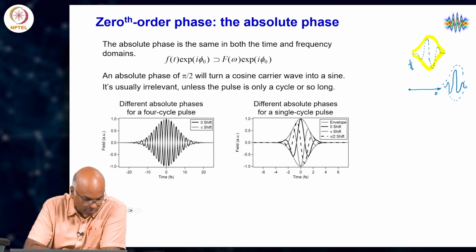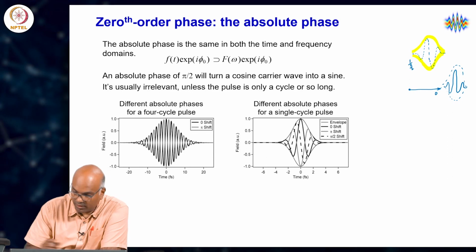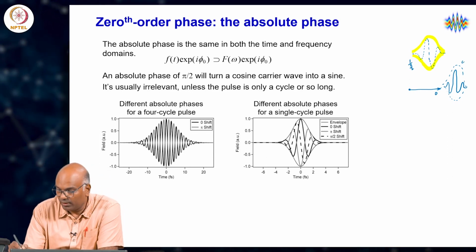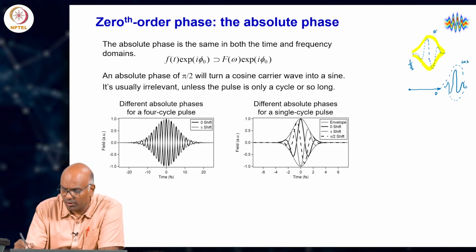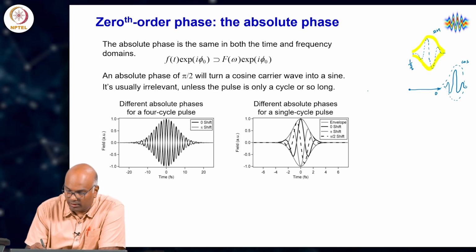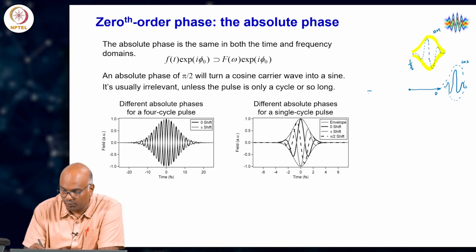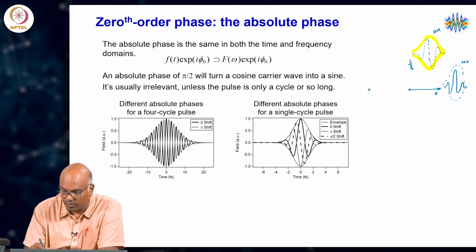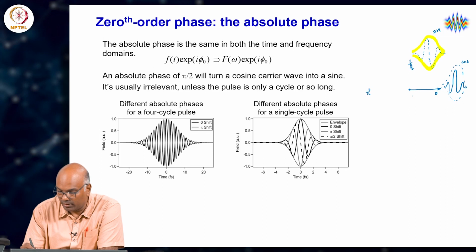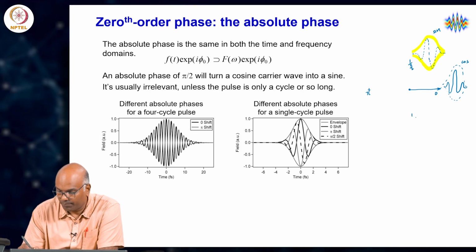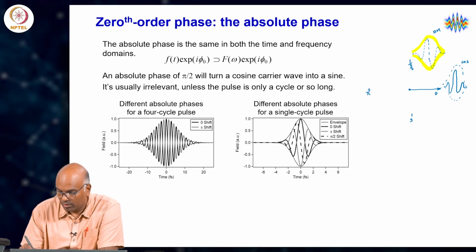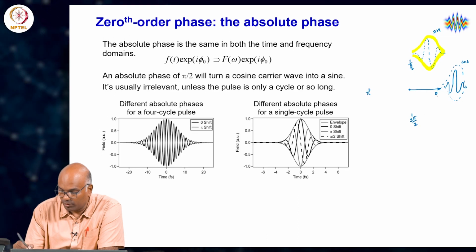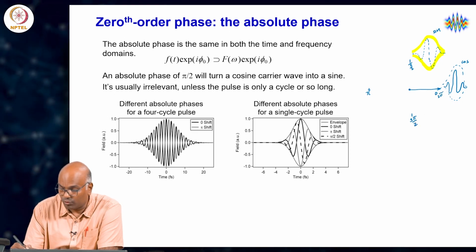So, we can call this a cosine, this is a sinusoidal pulse. Here, I leave it for you to sketch how it would look at pi, at three pi over 2, all the way going back to 2 pi.